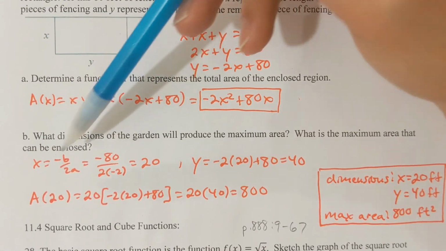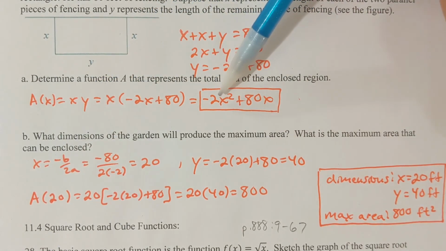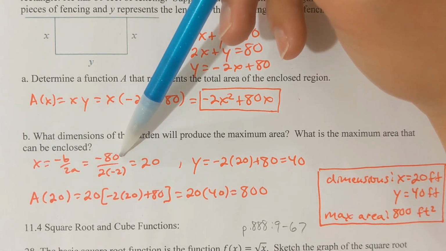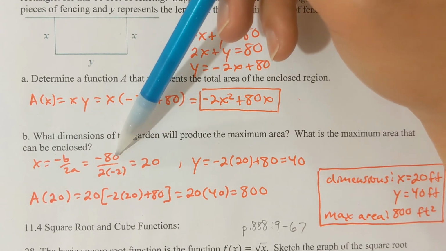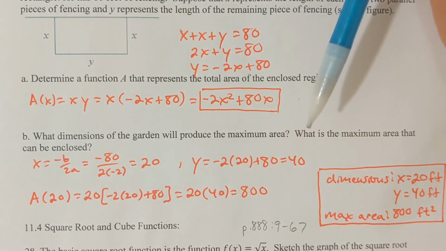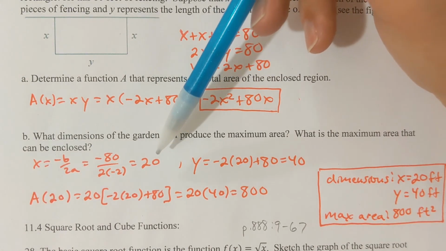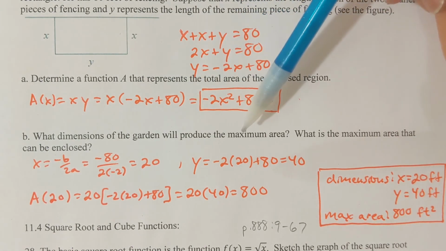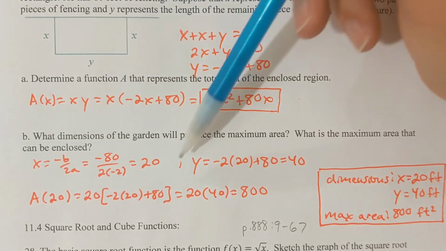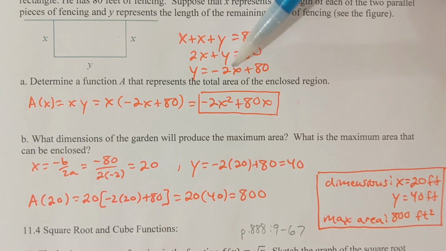Okay, I'm going to calculate x by taking negative b over 2a. A is negative 2, b is 80. So I want the opposite of b, that's negative 80, divided by 2a. 2 times negative 2 is negative 4. Negative 80 over negative 4 is 20. Okay, and then to get the area, or I guess they're asking for the dimensions here, y is negative 2x plus 80.